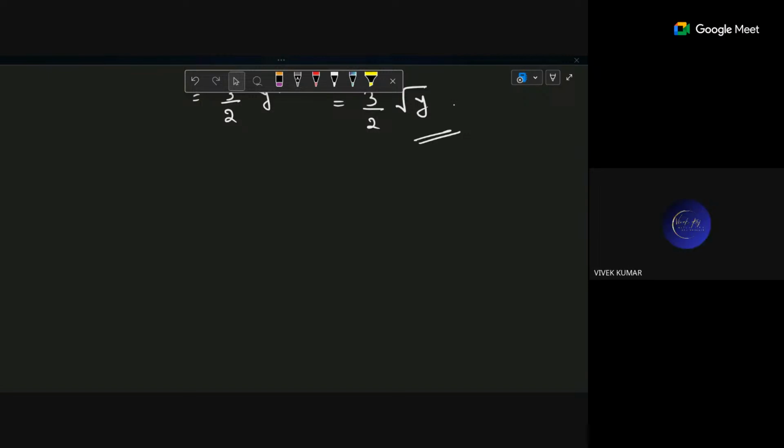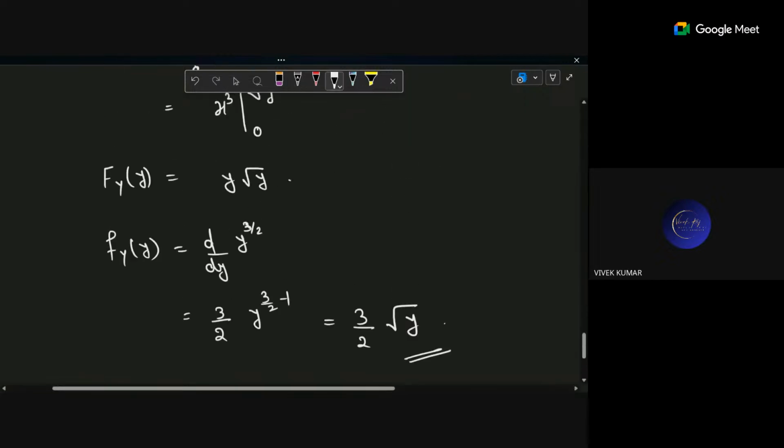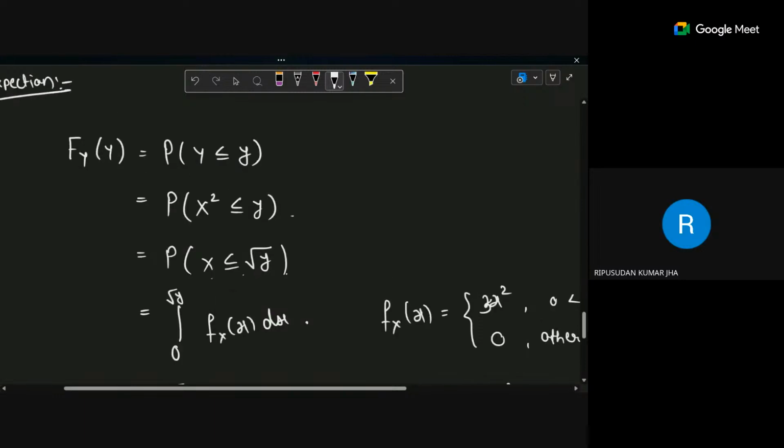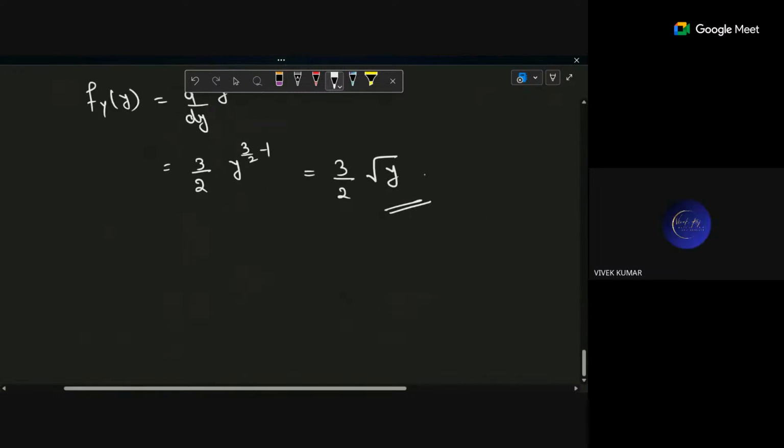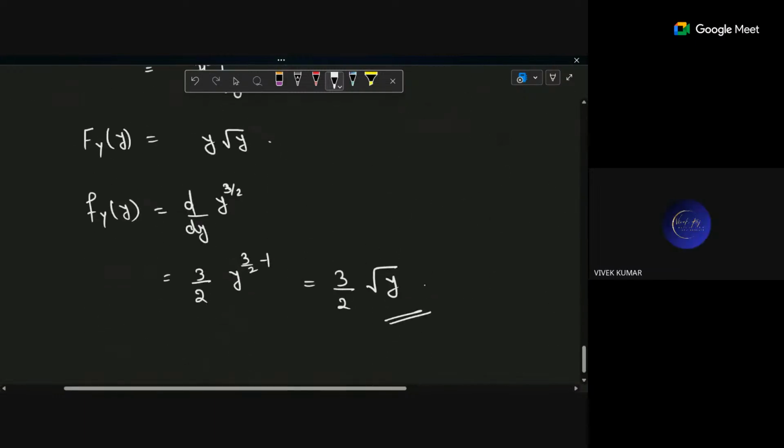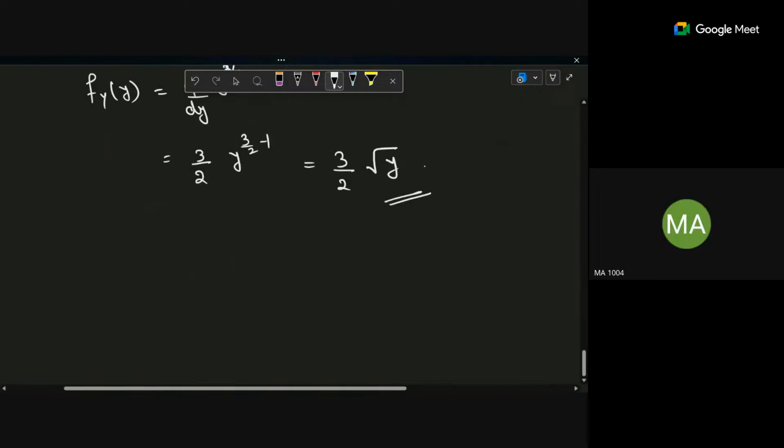Ma'am, when we go from PDF to CDF, we have to integrate the function, right? PDF to CDF, yes. And when we go from CDF to PDF, we have to differentiate that function. Yes. CDF to PDF, how will you go? Your PDF is the differentiation of your CDF.